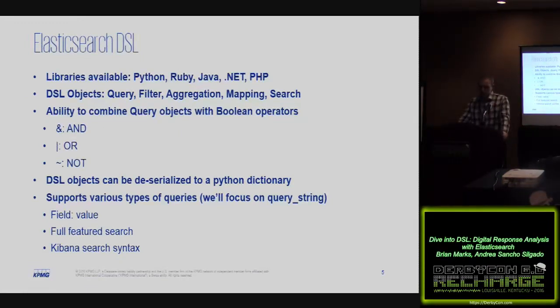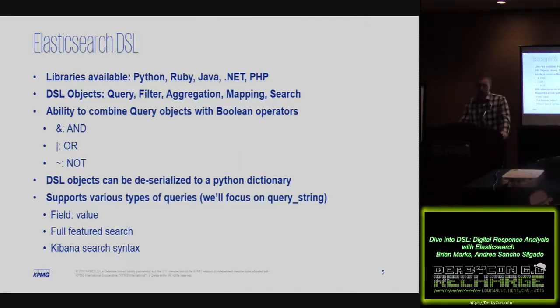We're primarily going to be using query, aggregation, and search. The coolest thing about the Elasticsearch DSL is that you can combine query objects with Boolean operators, like these up here. These DSL objects can also be deserialized to a Python dictionary. And if there are any non-coders out there that are a bit confused on deserialize, it's just like printing out to a string.